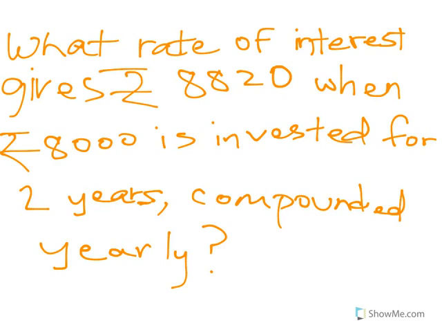What rate of interest gives rupees 8,820 when rupees 8,000 is invested for 2 years, compounded yearly? Okay. So the first thing I'm going to do is change this question, because I don't want to write this whole thing again.